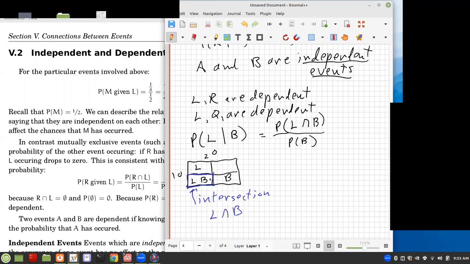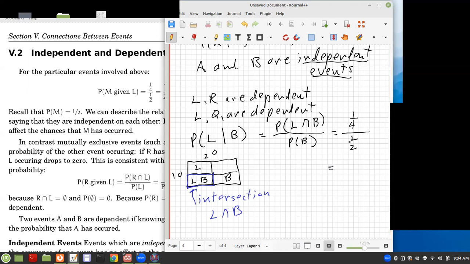Left and right is 1/2, bottom is 1/2. So that's 1/4. So this is going to equal 1/4 over the probability of B, which is 1/2.